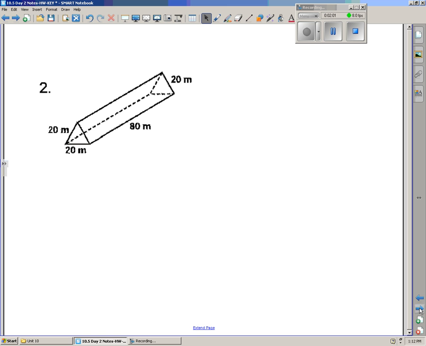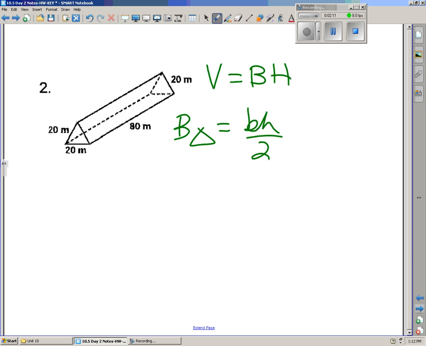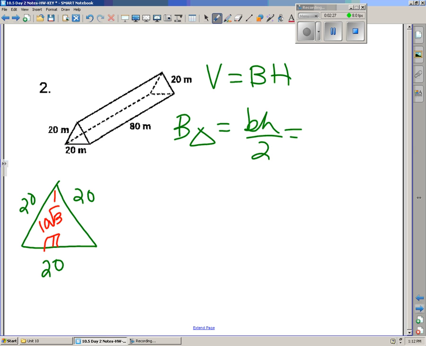Here we have a triangular prism. Again, the formula for the volume of any prism is base times height. Understand, though, that the base is a triangle whose formula is BH divided by 2. We don't have everything that we need, because if I pull out that triangle, which is equilateral, and drop the height, my height is 10 rad 3.